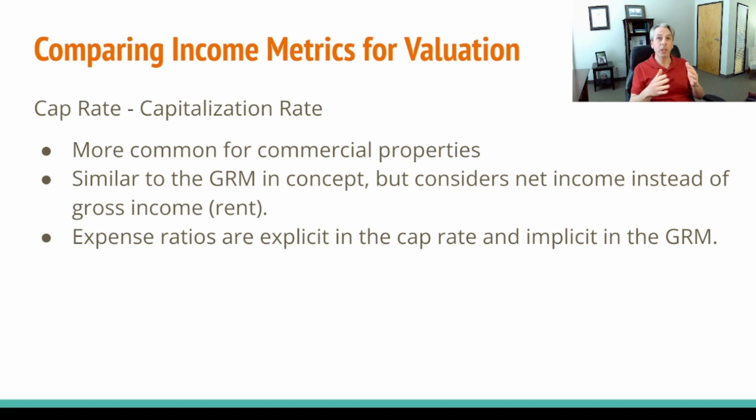Really, a lot of the differences in practice that I see have to do with depreciation schedules, higher GRMs for newer homes, lower GRMs for older homes. Makes sense. You've got more expenses for an older property. So that would be different things to consider between cap rate and GRM.